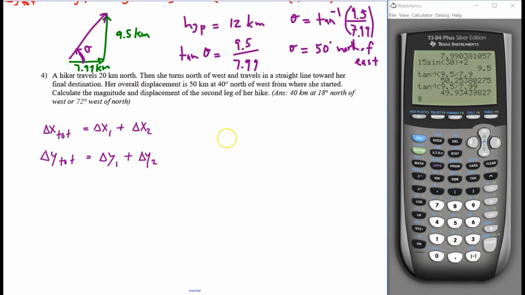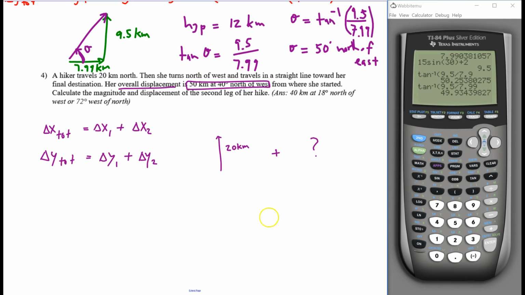A hiker travels 20 kilometers north. There it is. Then she turns to the north of west and travels in a straight line to the final destination. Okay, so I'm adding some unknown vector. And when I add those up, what do they equal? Her overall displacement, that's the resultant, is 50 kilometers at 40 degrees north of west.